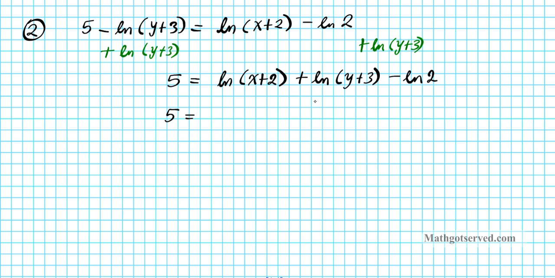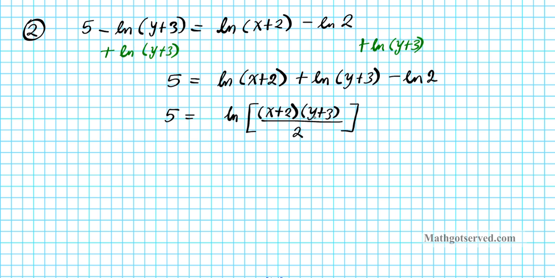So this entire expression can be written as the natural logarithm of, since these two will be multiplied by each other, x plus 2 times y plus 3, and then this minus is division, so divided by 2. Okay, so this is a condensed form of this logarithmic expression right here.